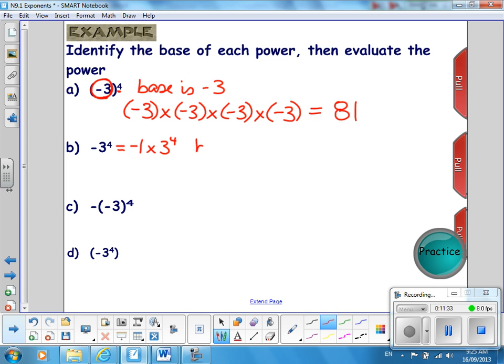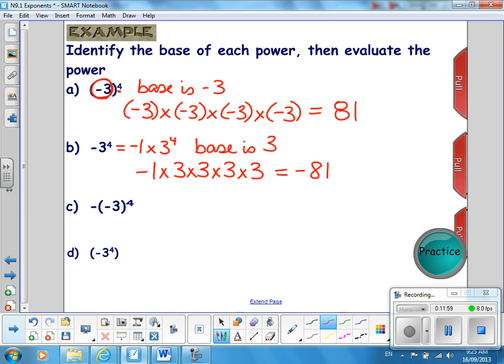So what we have here, the base is only positive 3. So what we're multiplying here is negative 1 times 3 times 3 times 3 times 3. So our answer is negative 81. So when there are no brackets, that negative is on its own. It's just a negative 1 times the power.